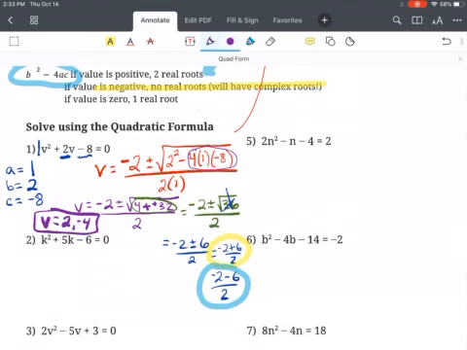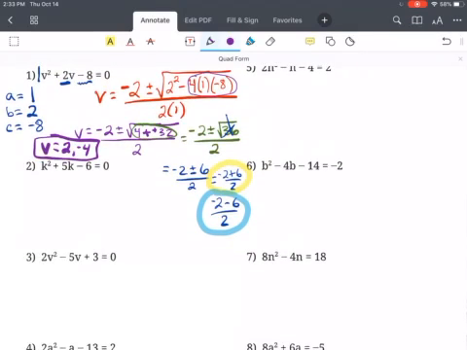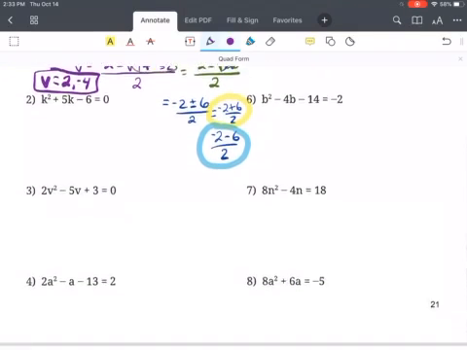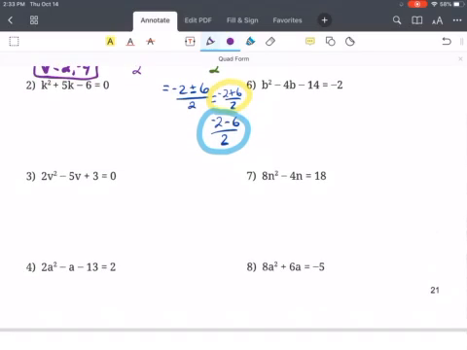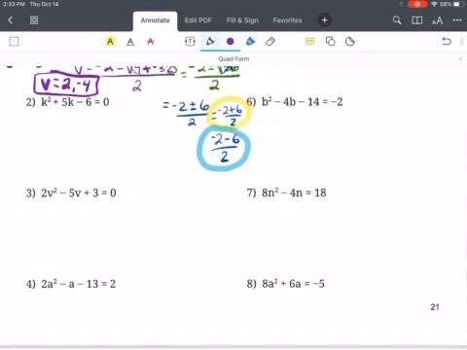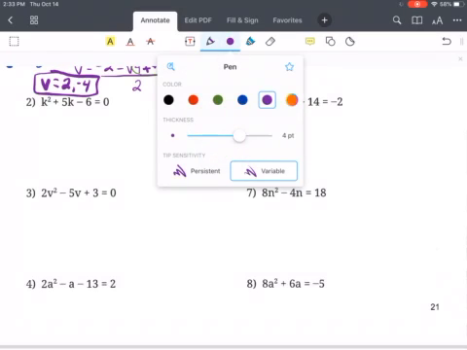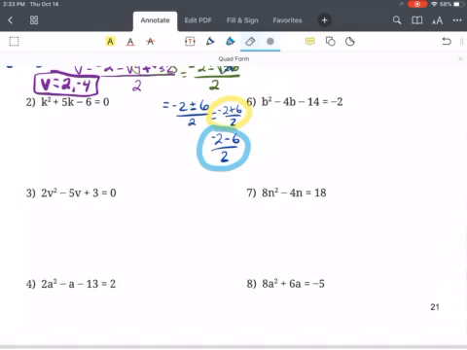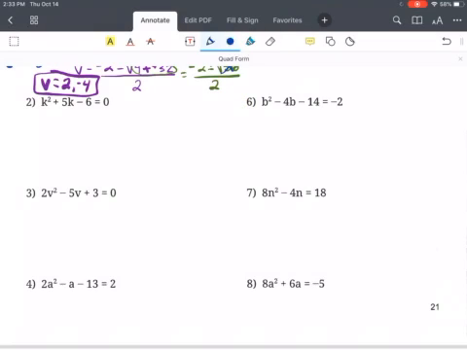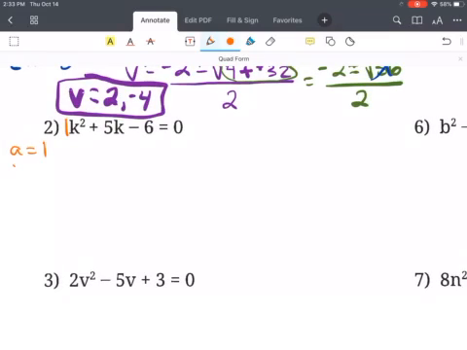At this time, I would encourage you to pause the video and take a moment to solve number 2. For number 2, we need to remember that a is 1, b is 5, and c is negative 6.